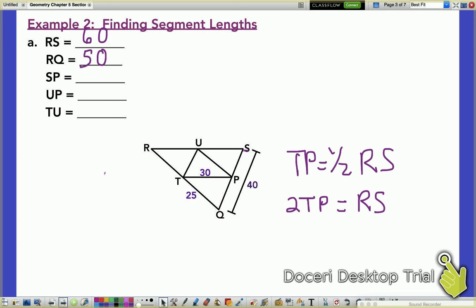Try to erase this as I go. Okay, SP. So they're telling me that SQ is 40 and SP would be half.